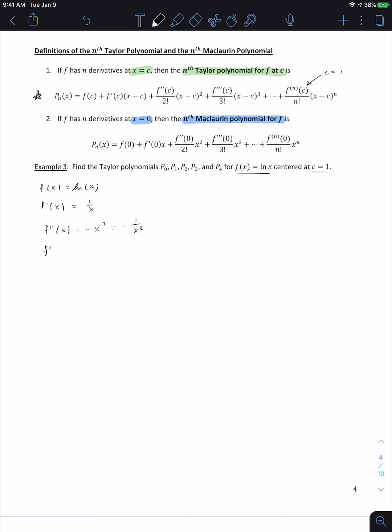Now my third derivative is going to be positive 2x to the negative 3, so I get 2 over x cubed. And then my fourth derivative, which is the last one that I need, is going to be negative 6x to the negative 4. In other words, 6 over x to the 4.